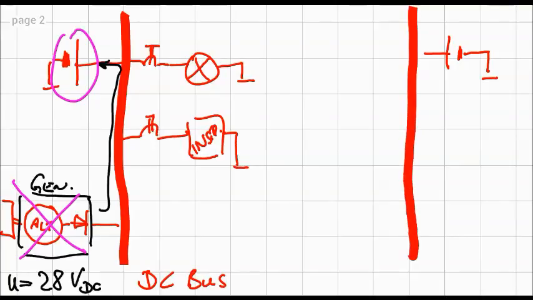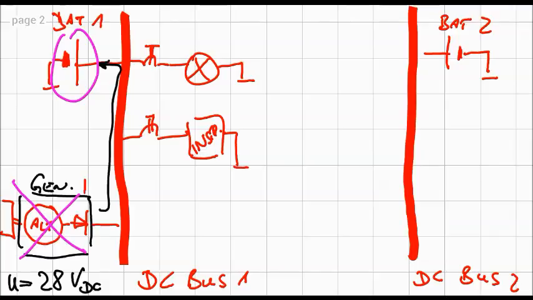So now, instead of supplying the same old DC bus with my second battery, I simply generate another DC bus. Now I give it numbers: DC bus 1, DC bus 2. This becomes obviously my battery 2, while this is my battery 1. And if you look for it, 1 is on the left hand side, 2 is on the right hand side.